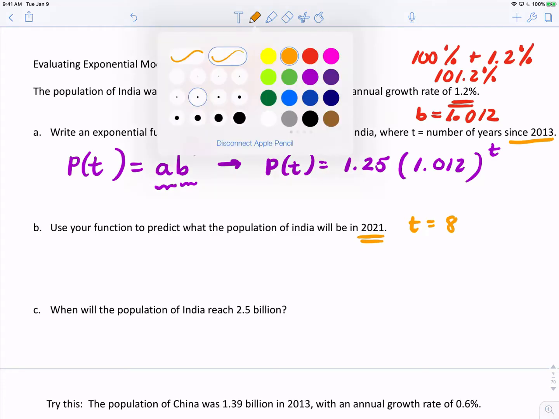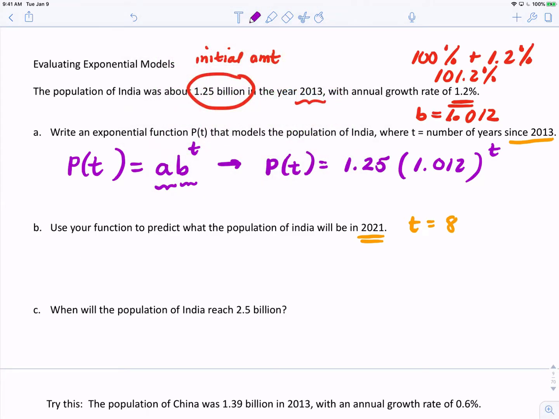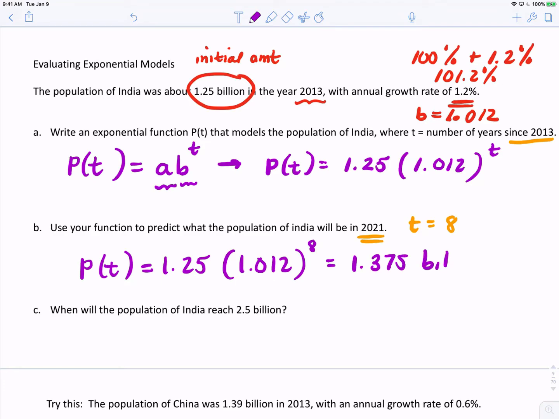So to answer that question, we simply take our function, p of t is equal to 1.25 times 1.012, and for time, we'll substitute 8. So if we do that, 1.25 times 1.012 raised to the 8th power, we get an answer of 1.375 billion people.